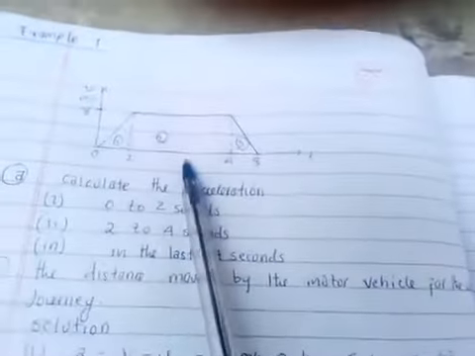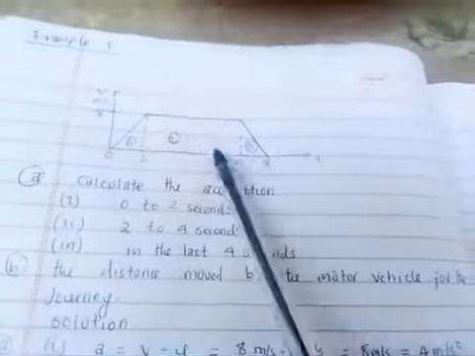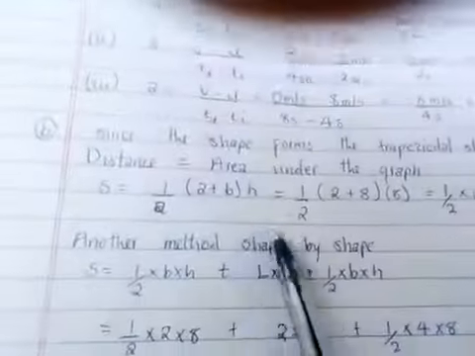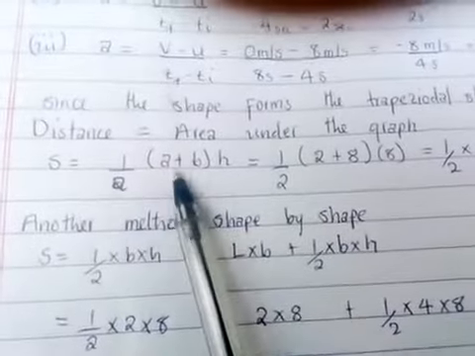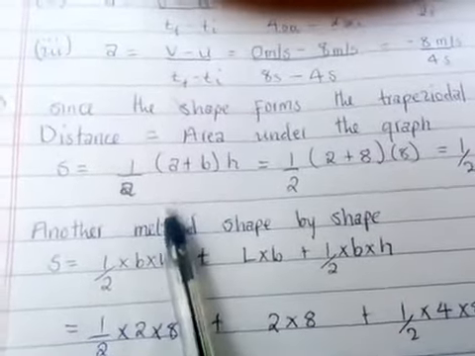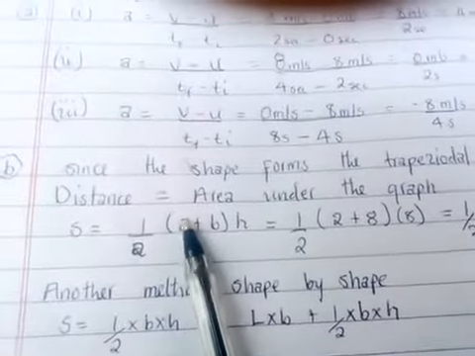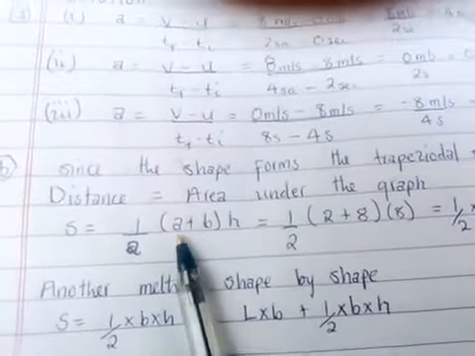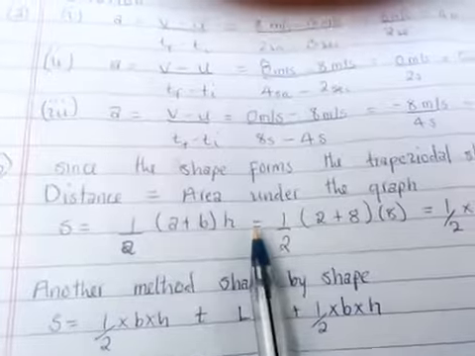So this shape, if you don't know it, is a trapezium. You have to know how to get the area of a trapezium. So the area of a trapezium is given by (A plus B) times H over 2.